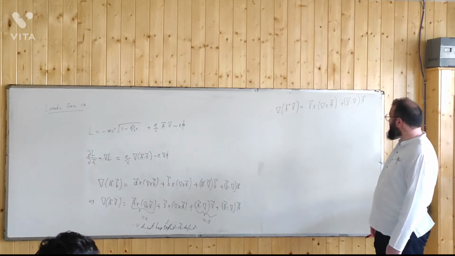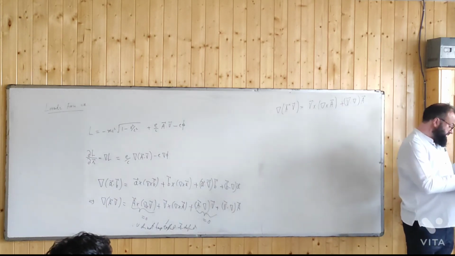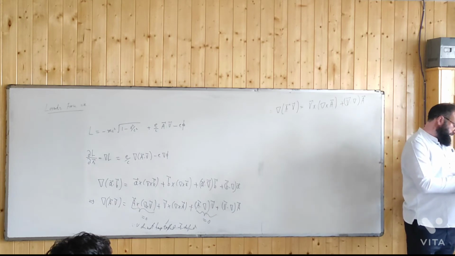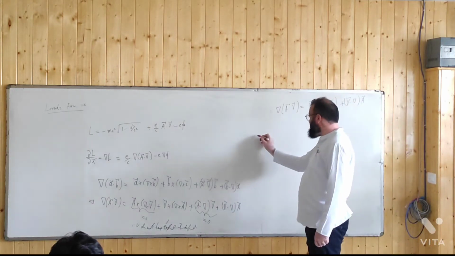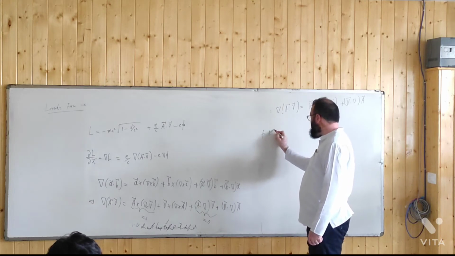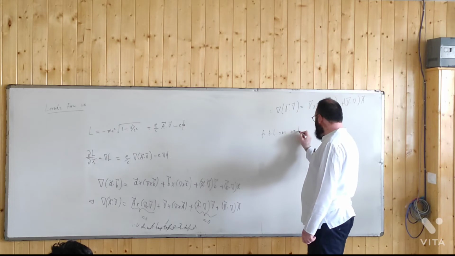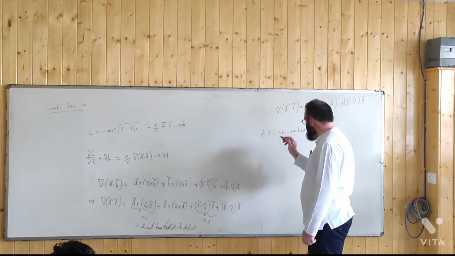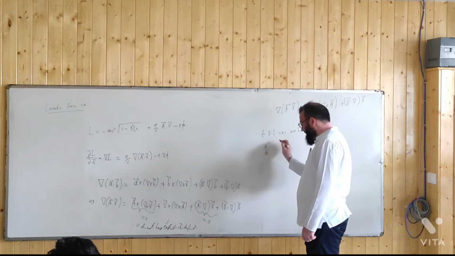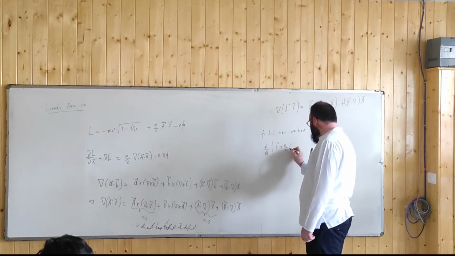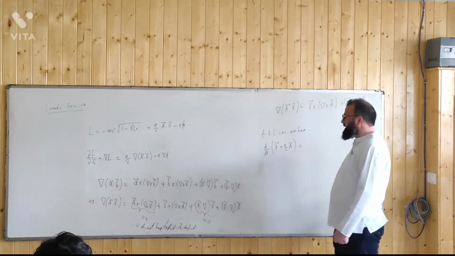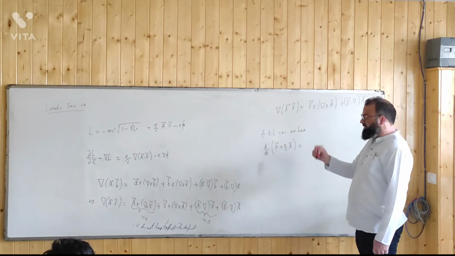Is there any more approximation we can do? Okay, so let's substitute it in the formula. From the Euler-Lagrange equations we have d by dt of partial L by partial V, which is equal to P plus E by C A, and that is equal to the gradient of L. What is the gradient of L?